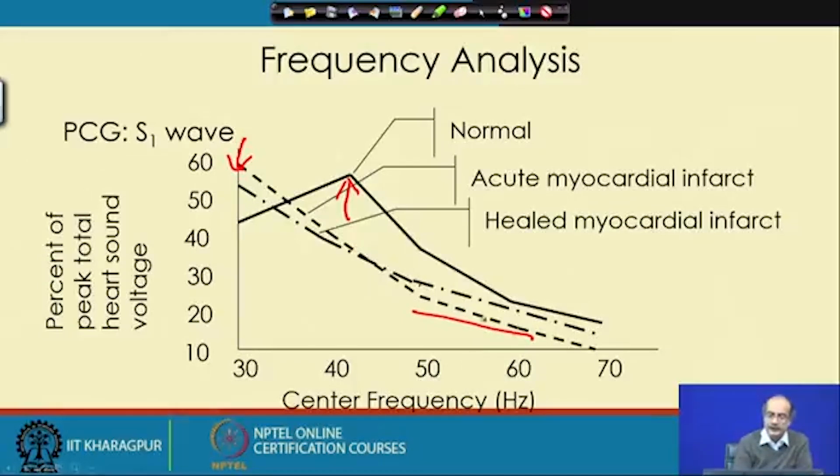When it gets healed, again at the higher frequency 50 to 60, it is actually moving upward, and the component which was there near 30, that the increase is again getting actually subdued here in this portion.